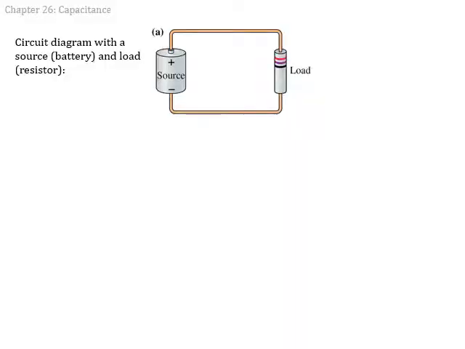Let's start with a really quick recap of a circuit diagram. So circuit diagrams are just diagrams that show elements of the circuits. Lots of circuits will have a source, and that means a source of potential. The source pretty often is a battery, and it has an amount of potential.